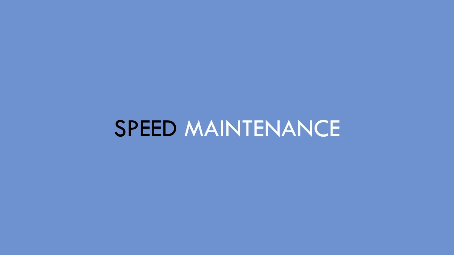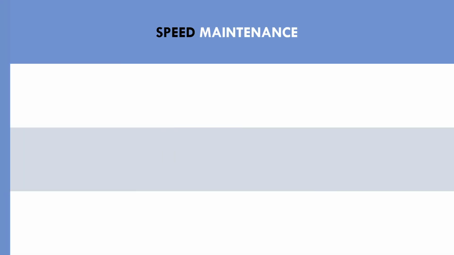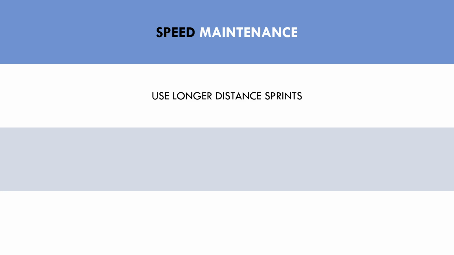This leads us on to training for speed maintenance. This is best trained using longer distances, where max velocity is reached and needs to be maintained for longer durations. The longer the distance is, the lower the average sprint speed will be. For this quality, the distance we use will be specific to the event. So for a 400 meter race, athletes may use longer distances, while a 100 meter sprinter may use shorter distances.